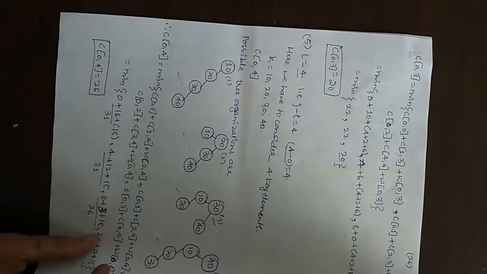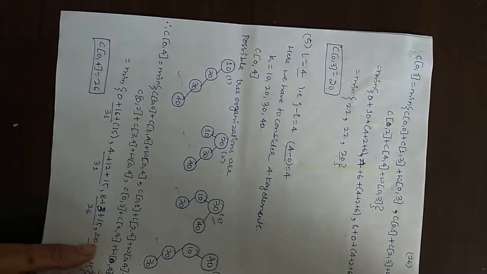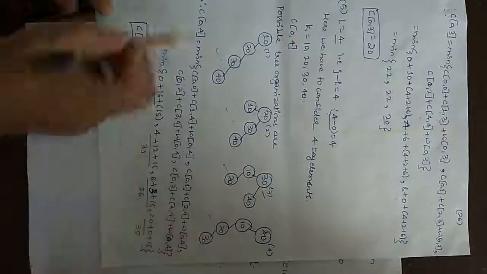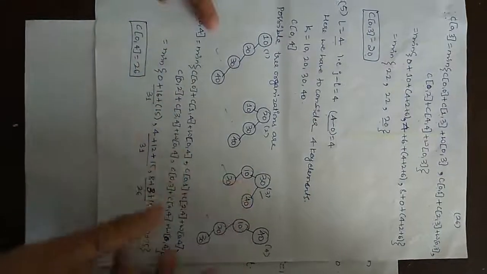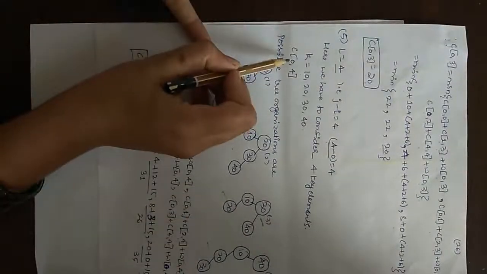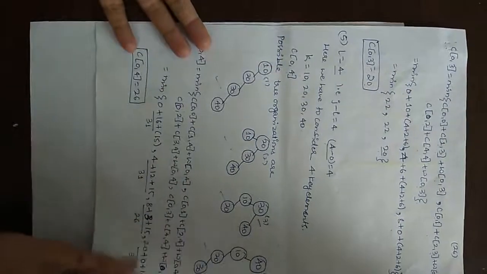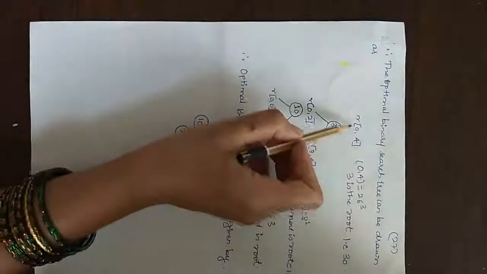We have to find the optimal binary search tree for the given key values. How many values are there? 4 are there. So let us see the optimal binary search tree of 0 comma 4, considering all elements: 10, 20, 30, 40. Neglect till 0 and consider all 4 elements, that is C of 0 comma 4.